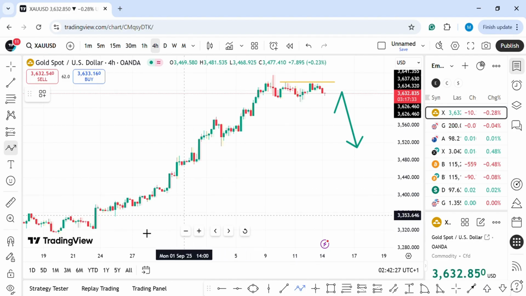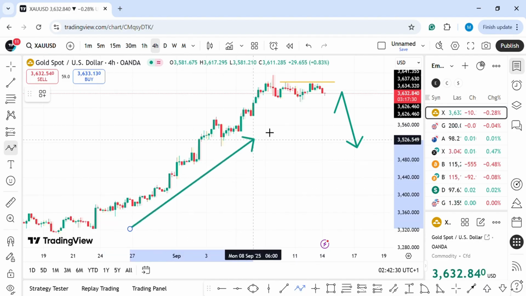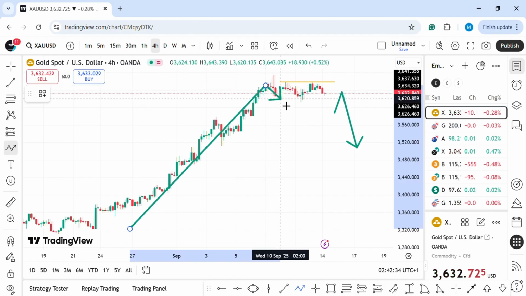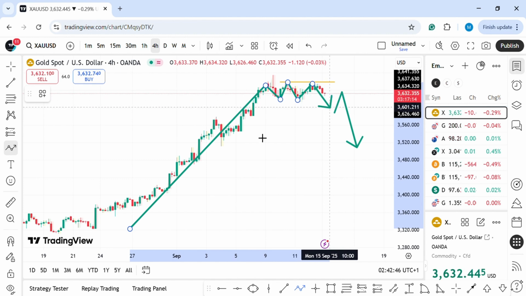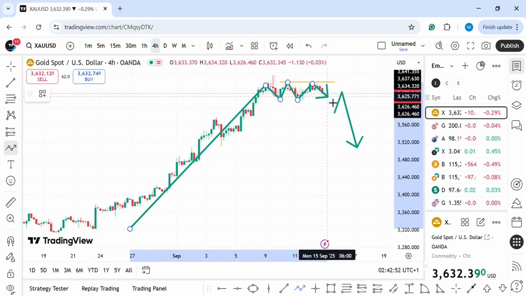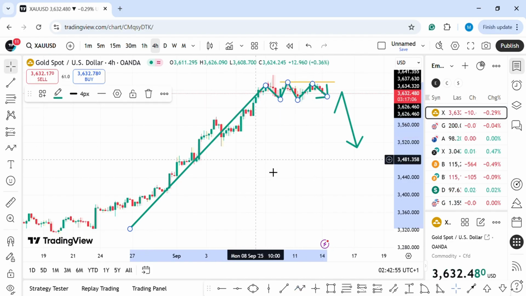Let's say you are already in this move to the upside, maybe you swing trade it, and you see the market creating this move, forming equal high here. So the best thing you should do, adjust your stop loss to break even, or you close in small profit or little loss.